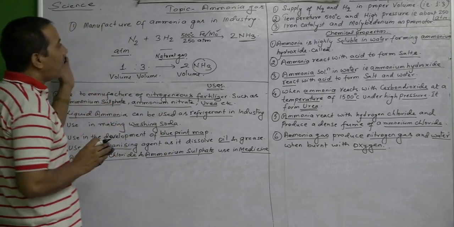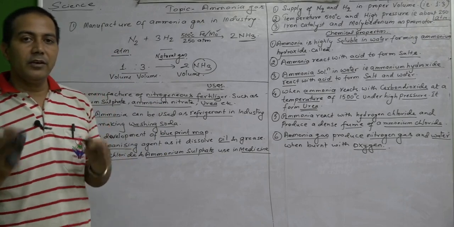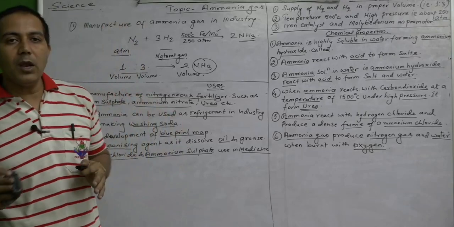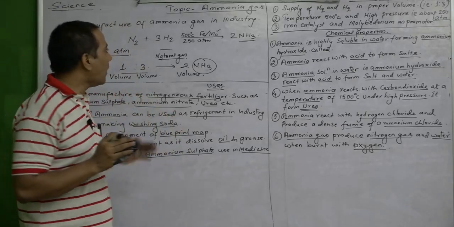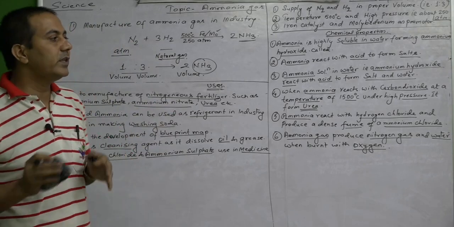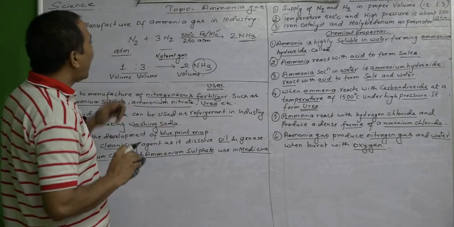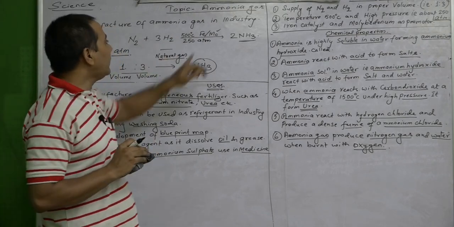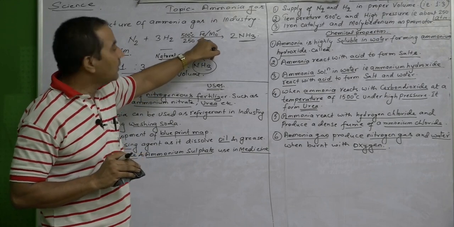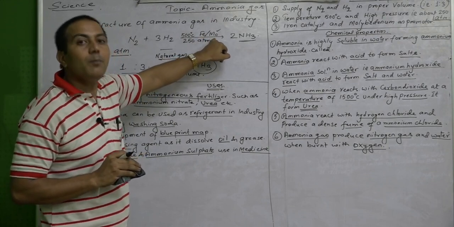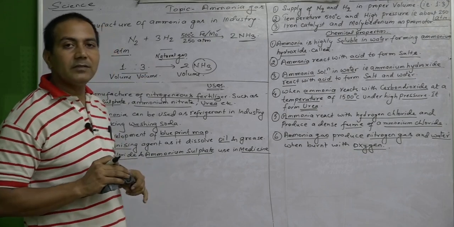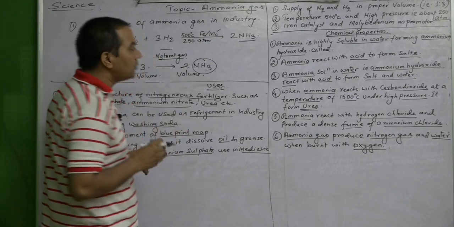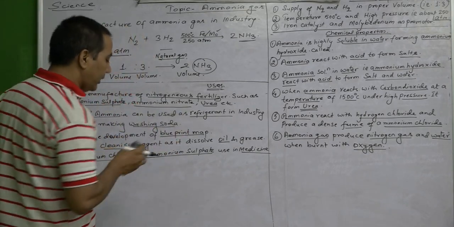So, for the manufacturing of ammonia gas in industry, we need 1 volume of atmospheric nitrogen gas and 3 volumes of hydrogen gas obtained from natural gas, passed at 500 degrees Celsius with iron as catalyst and molybdenum as promoter, at approximately 250 atm pressure, and we produce 2 volumes of ammonia gas.